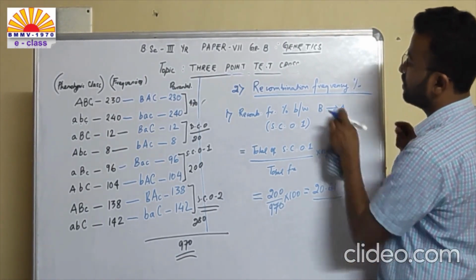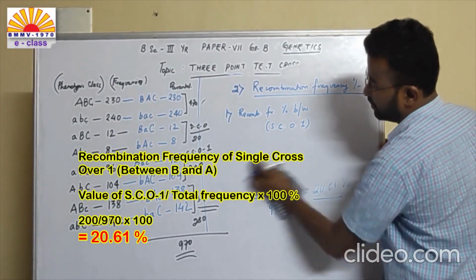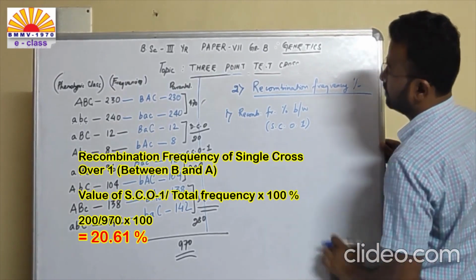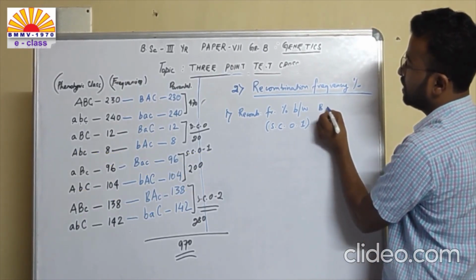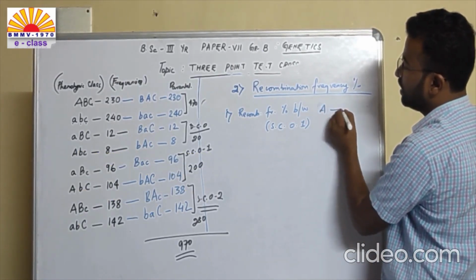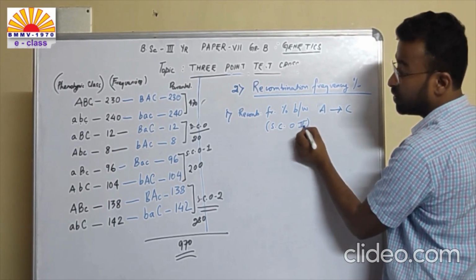Now like that only, between A to C will be single crossover 2.